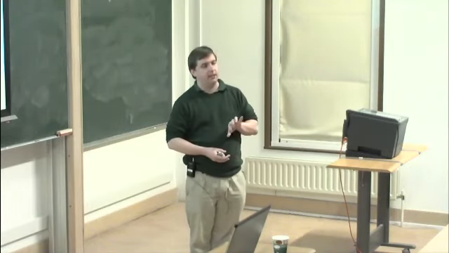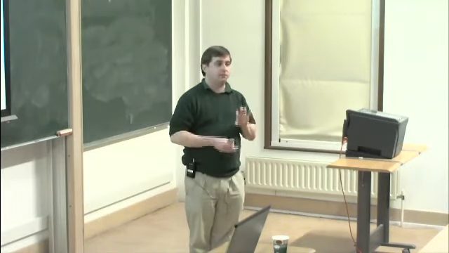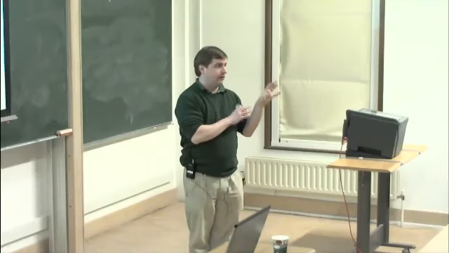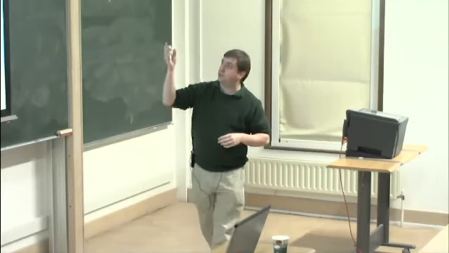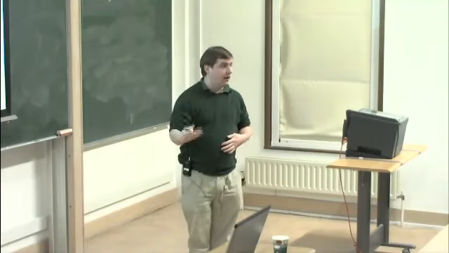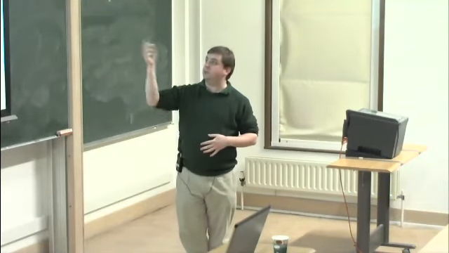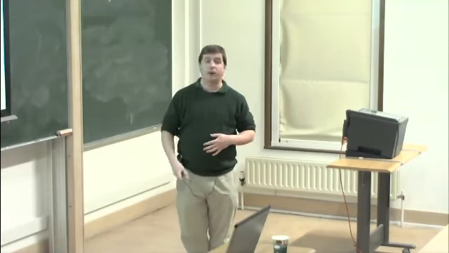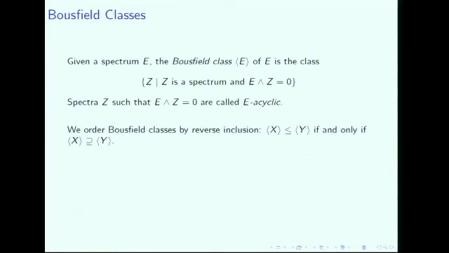One of the nice things about spectra is that you've got these generalized homology theories and generalized cohomology theories that algebraic topologists are interested in, and they correspond in a very close way to spectra. You can get each from the other. So this is a kind of spectrum that corresponds to the generalized homology theory known as the nth Morava K-theory. So that's an important example for what we do.